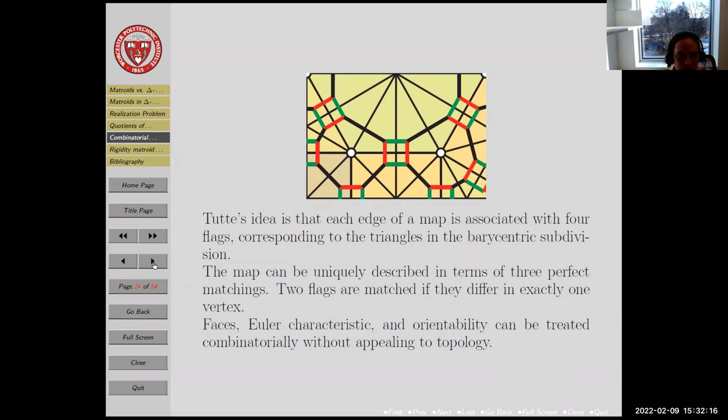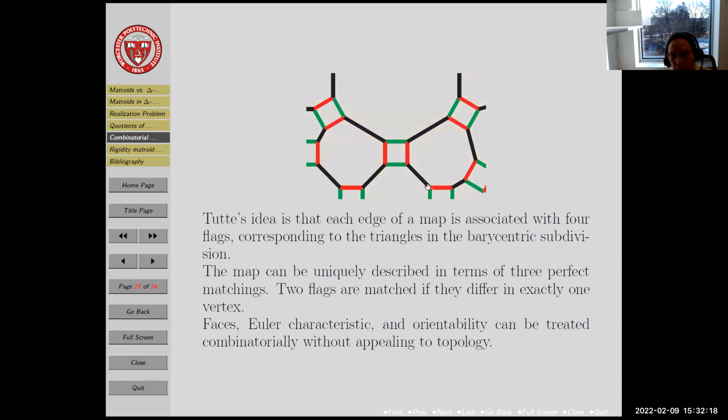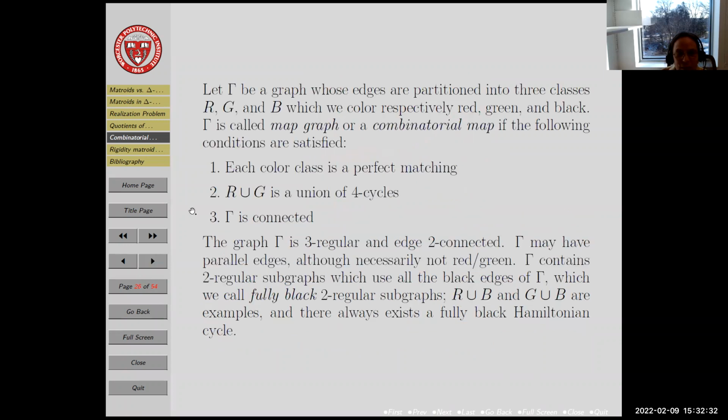And now I can just look at the map graph and want to recover, of course, faces, Euler characteristic, orientability, and all of that. And what are his axioms? Right?